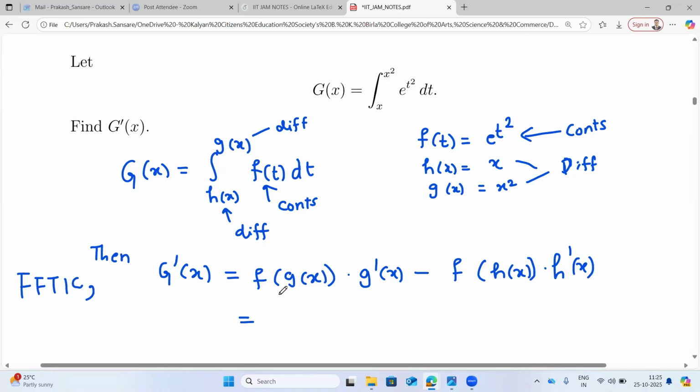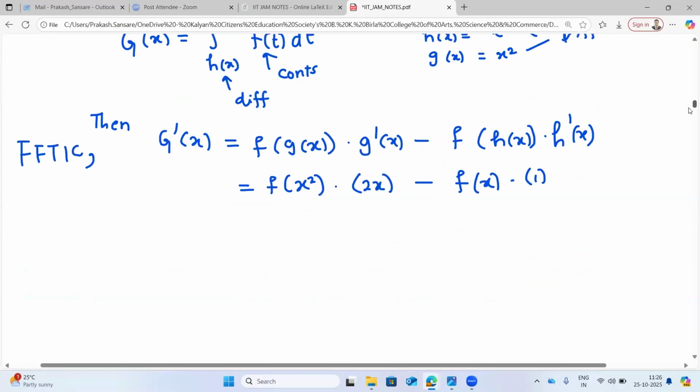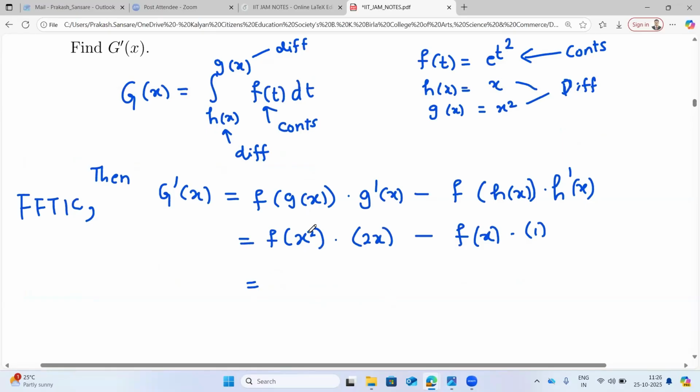So f at g of x, my g of x is x square, so f at x square into g dash x. g of x is x square, so g dash x will be 2x, minus f evaluated at h of x. h of x is x only, and h dash x, the derivative of x, is 1. So f of t is e to the power t square.